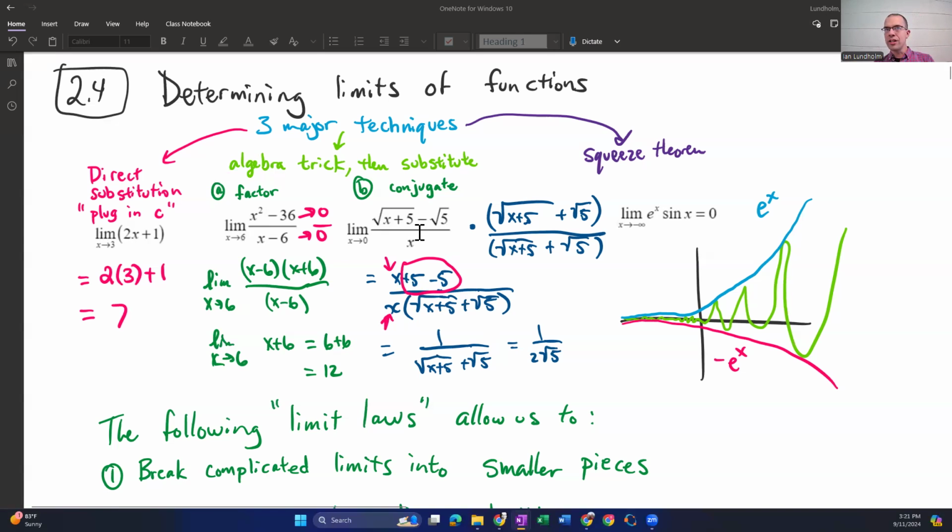If we did it initially, then we would have another case of 0 over 0. But when we do it down here, it works out okay. We get an actual number for an answer. So conjugate will be the next strategy.